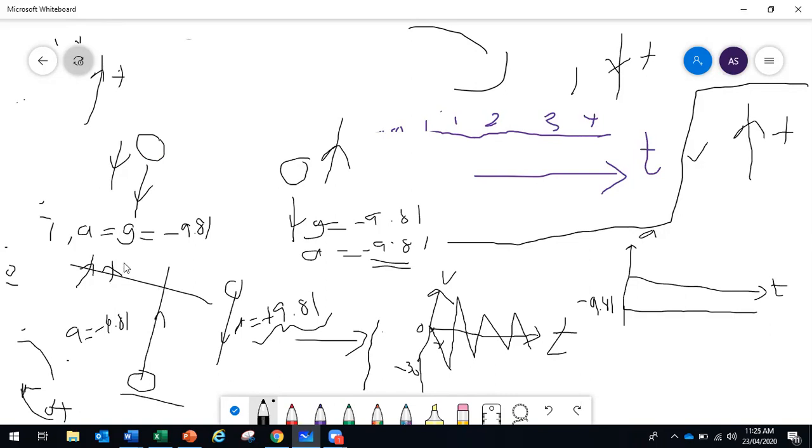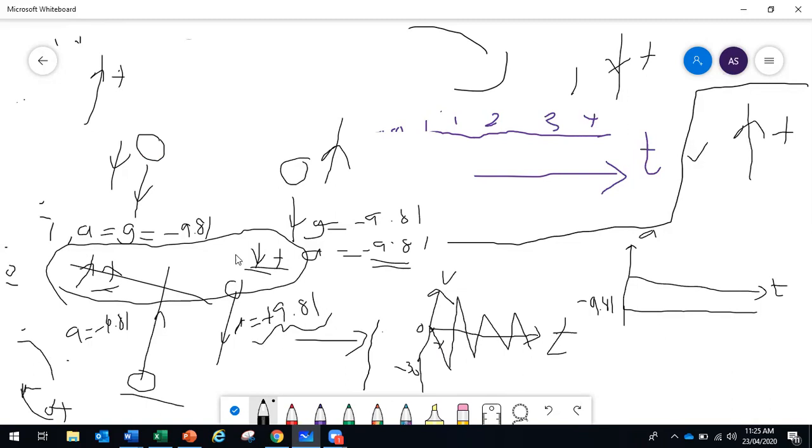When the object went down, you took downwards as positive, but you never realized this change last time. Now we need to realize this. You indirectly changed it. You took downwards as positive when you go down, that's why you took positive 9.81. But when it comes to the VT graph, A is always negative, always negative 9.81.